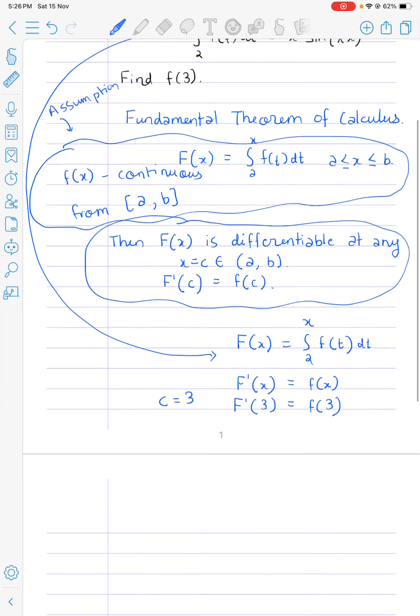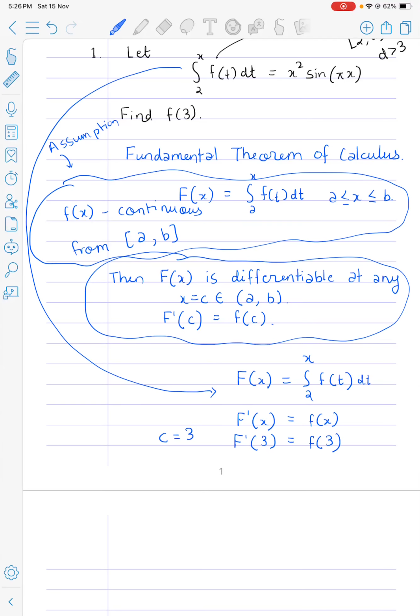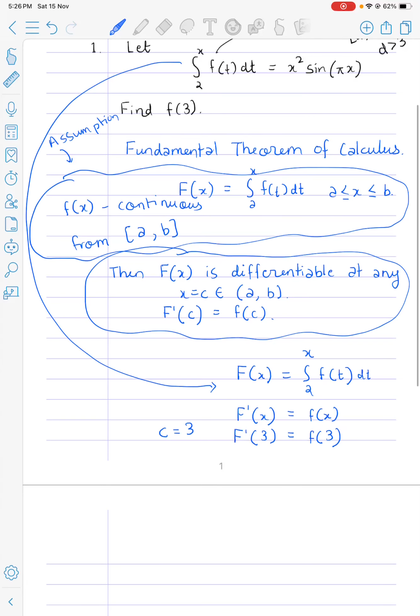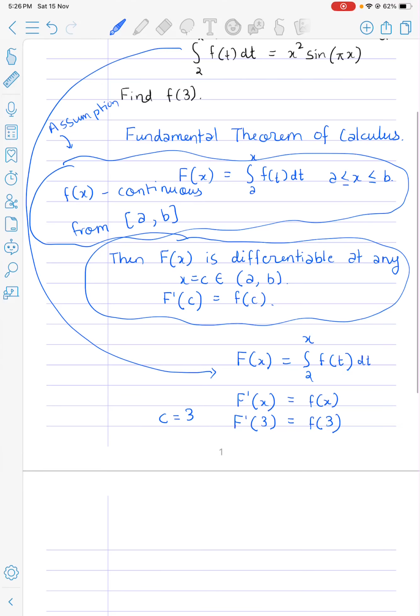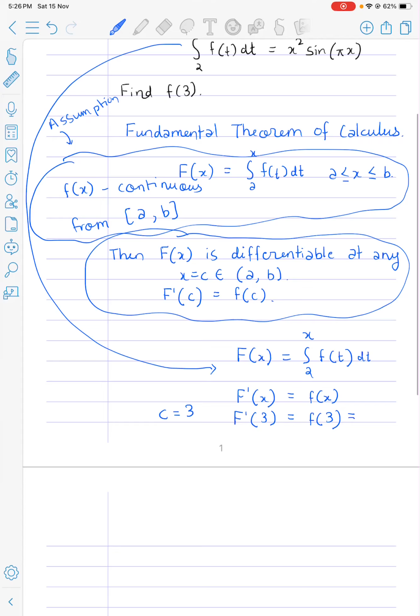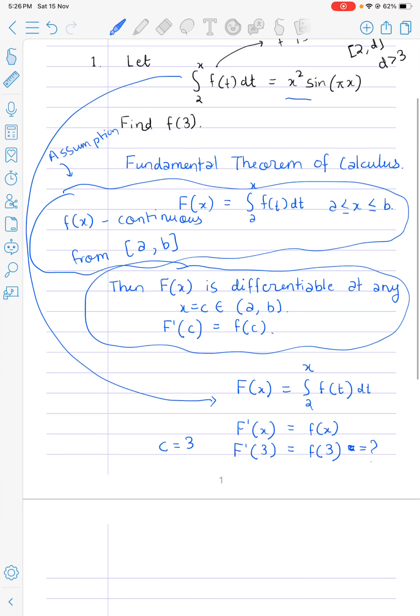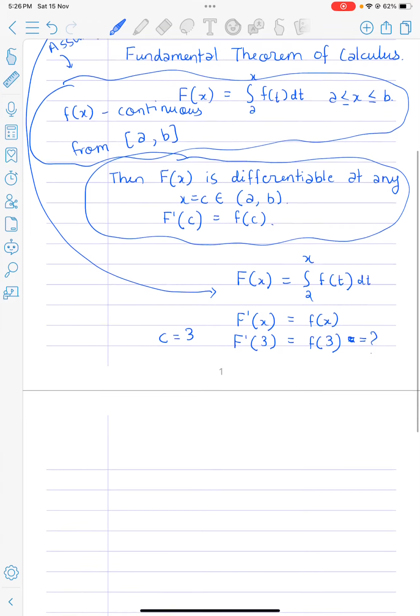I'm going to differentiate. We already know what this is. F3 we don't know, but this one you can differentiate, right?